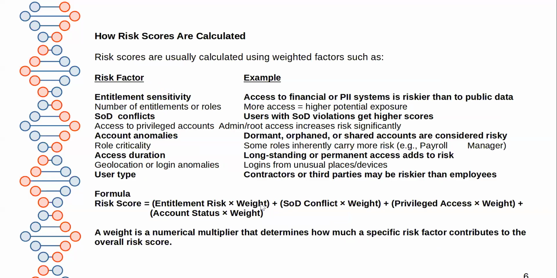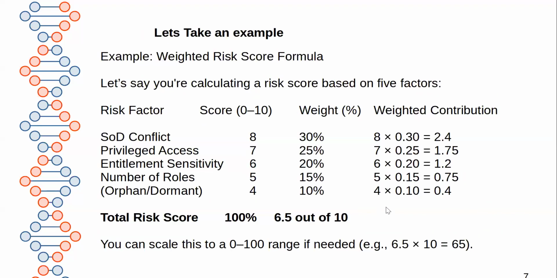Entitlement risk into weight plus SOD conflicts into weight plus privilege access into weight plus all these things we are adding up, and finally we are coming up with the risk score, that this is the risk score for this particular user or for this particular application or for this particular entitlement or the permission.